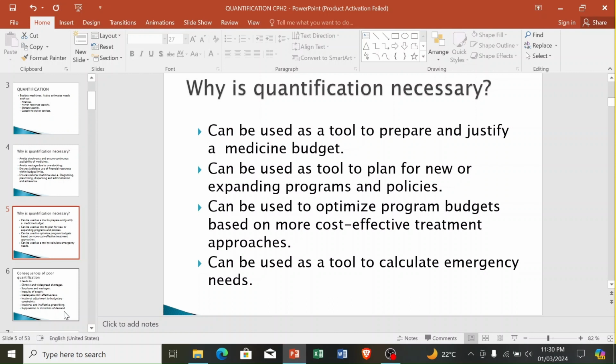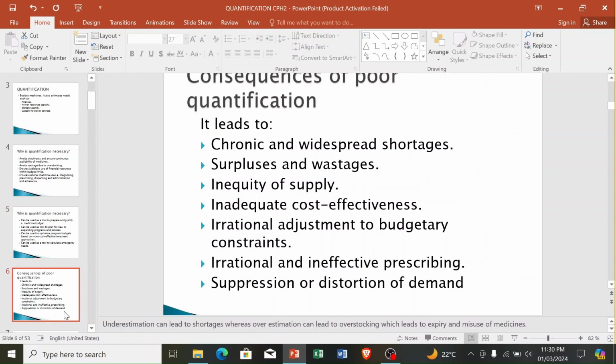It can be used as a tool to calculate emergency needs. In case we have emergencies or some vital medicines are out of stock, we can order for them. Okay, we can have an emergency order.